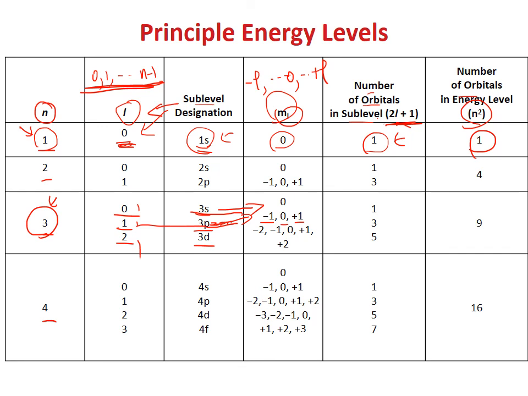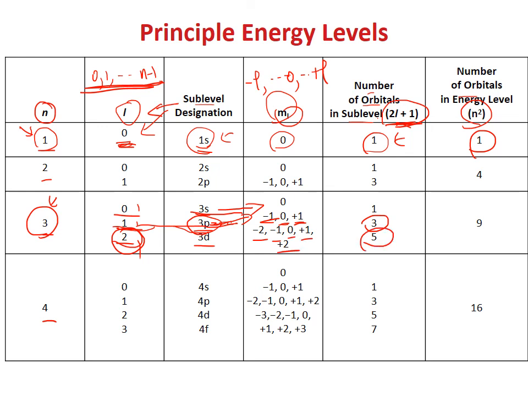So for this subshell, the 3p orbital, how many are there? According to this equation, 2L plus 1, when L equals 1, 2 times 1 plus 1 is 3. And that's -1, 0, +1. When L equals 2, the possible values for M are -2, -1, 0, +1, +2.